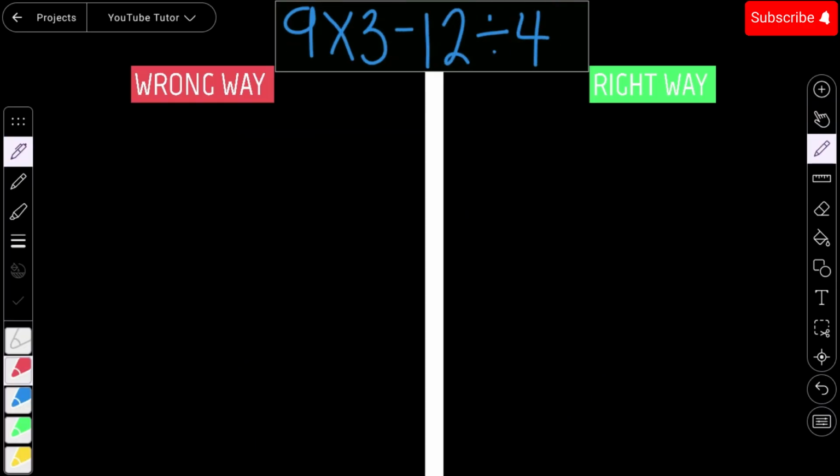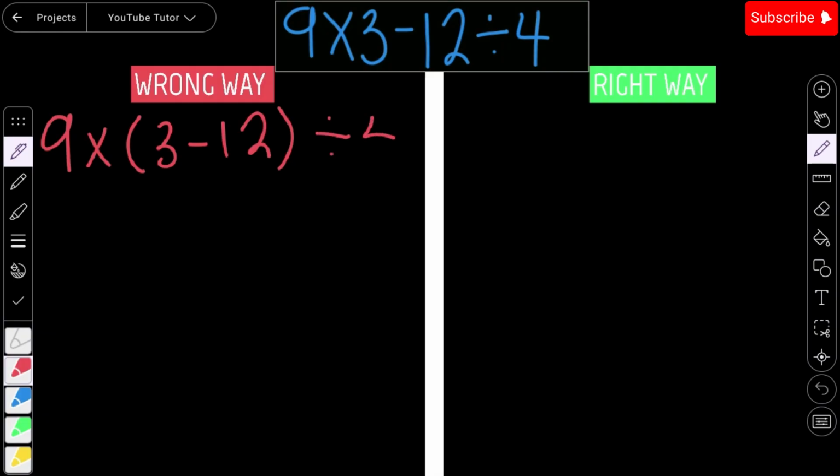Okay, so now moving on, we have a question which says 9 times 3 minus 12 divided by 4. Now, when we follow the drill, we write 9, then times this 3 minus 12, we put it in parentheses, and divided by 4. So this ends up giving us 9.